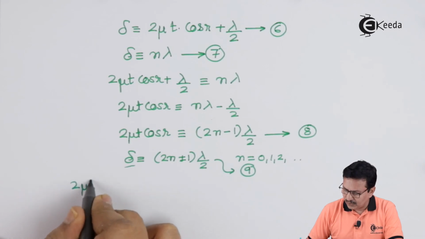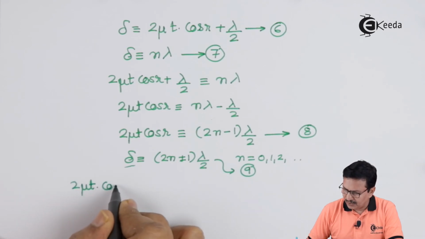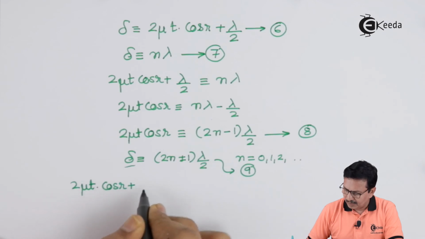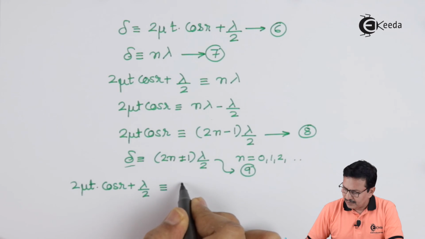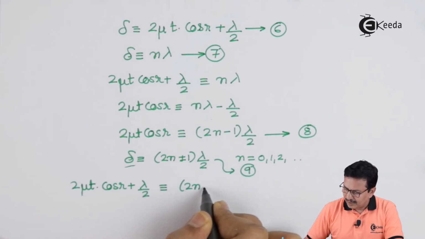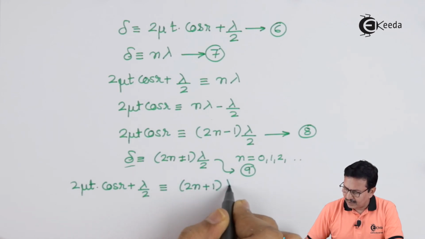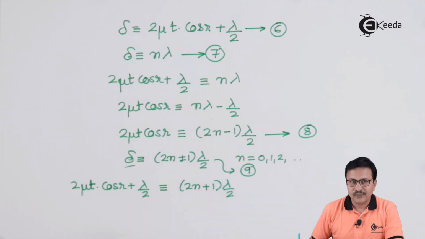So this is going to be 2 mu t into cos of r plus lambda by 2 is equal to 2n plus 1 into lambda by 2.